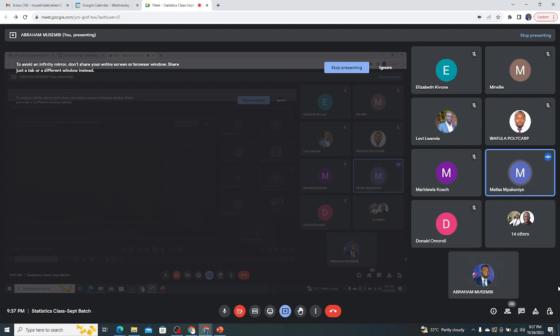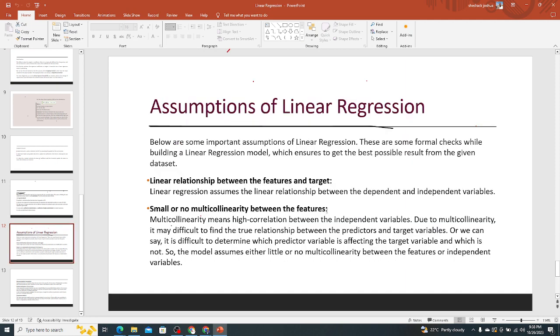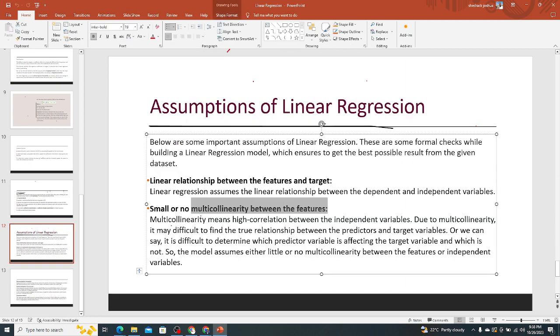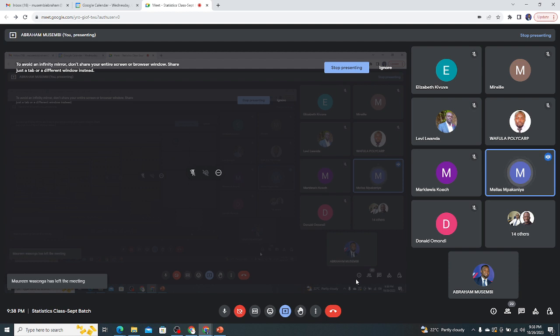We'll also discuss this when we discuss multicollinearity. We'll elaborate more on the same. Okay, good. Let us leave it for this time.